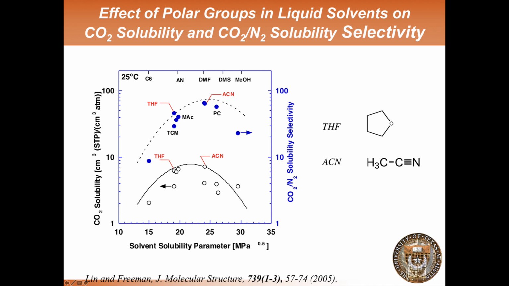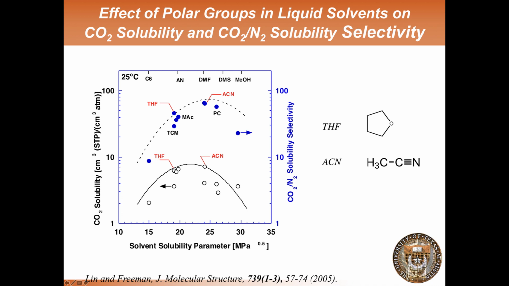These ether groups can undergo dipole-quadrupole interactions with CO2, and around acrylonitrile, which is something that we saw in Van Amerongen's work with polybutadiene-polyacrylonitrile just a moment ago.